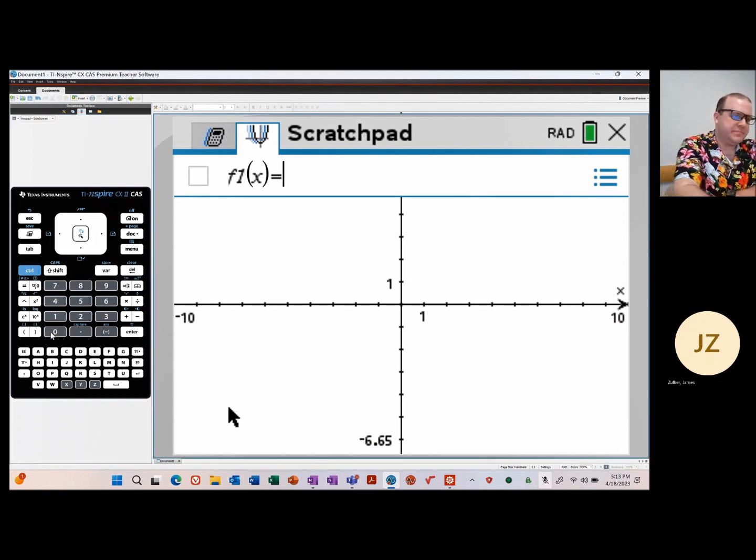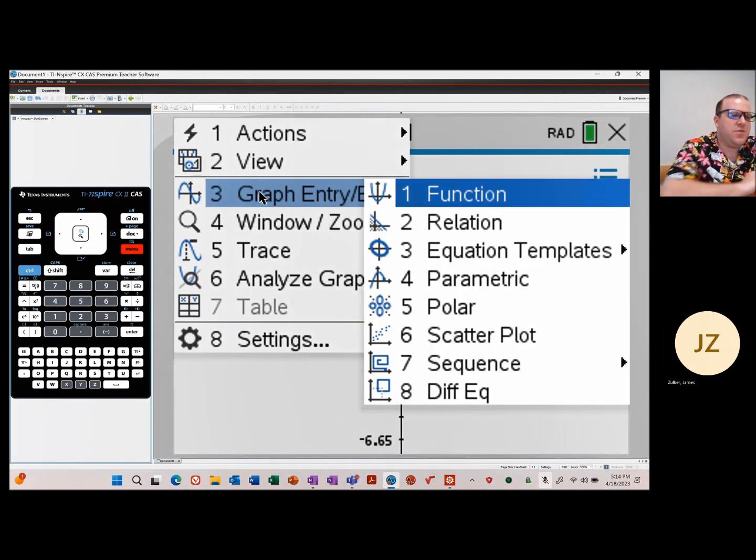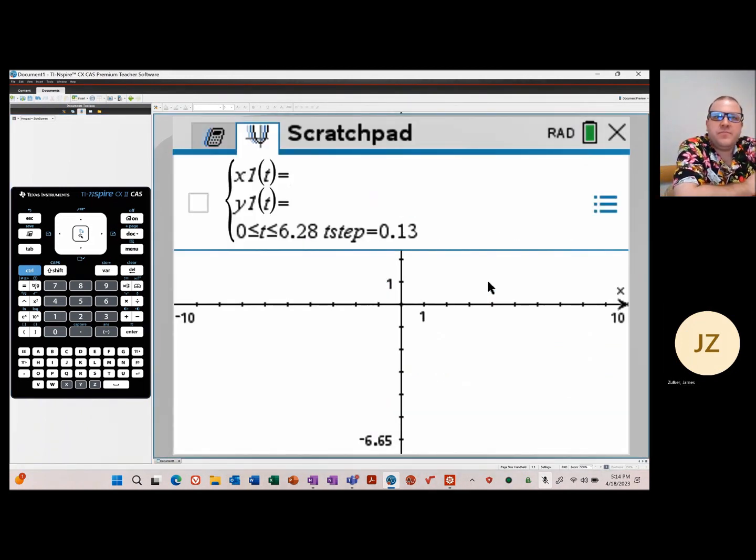Control 0. Get over to graph. I'm going to do menu, 3, which is graph entry, and number 4, parametric. For cosine of t, or sine of t.